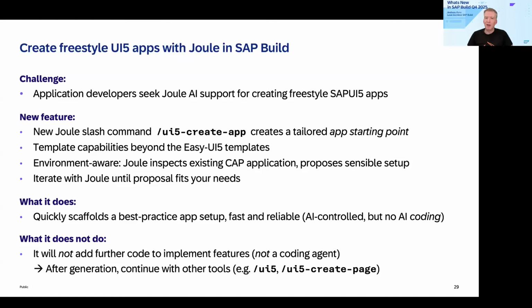It's environment aware in some kind, so it inspects the workspace, and if it finds a CAP application there, then it will find out which models and which services are used there, and suggest some tailored prompts. You will see this in the demo in a second.